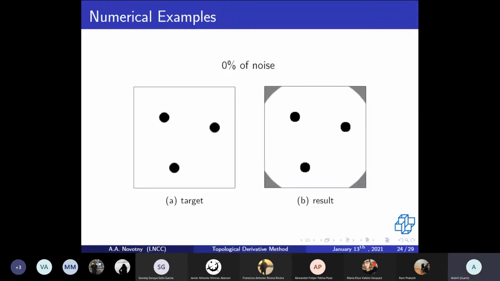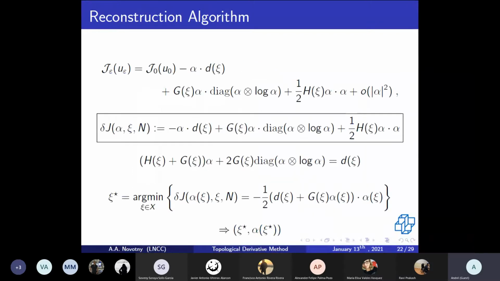So with no noise, we have the reconstruction here. Here's the target with no noise, and the reconstruction is quite exact. Note that this reconstruction is non-iterative, because once we solve this problem, we have the optimal size of the anomalies.